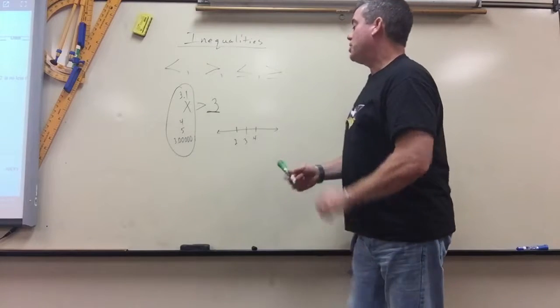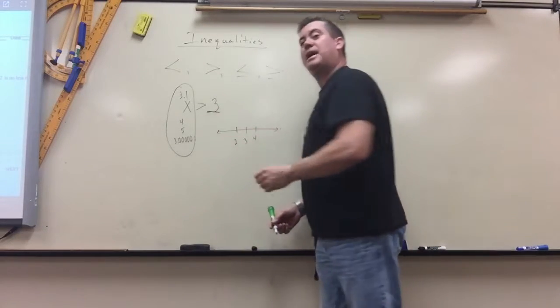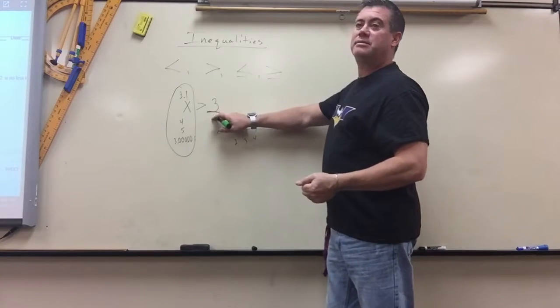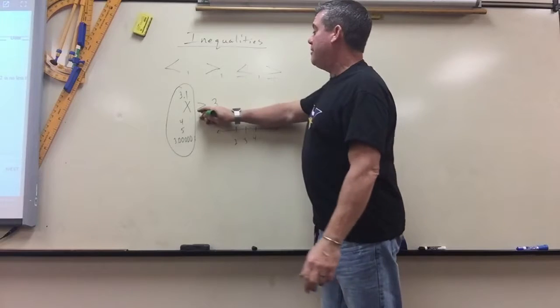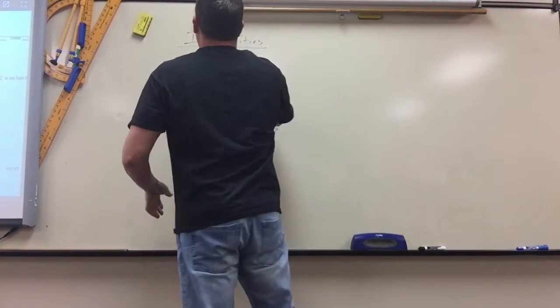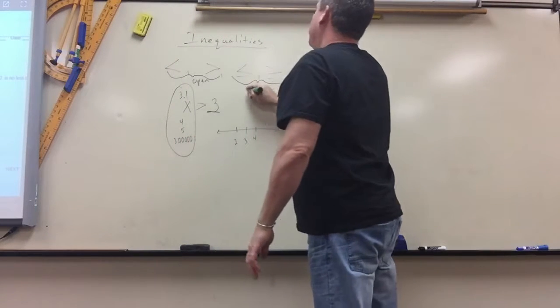Now you put a dot. It's either going to be an open circle or a filled in circle at 3. If it's not equal to, you put an open circle. If it's also equal to, you fill in the circle.